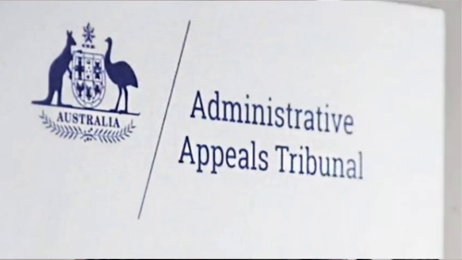Now what happens? You need to make an appeal to the Administrative Review Tribunal, which was formerly the Administrative Appeals Tribunal, and there are strict time limits for making an appeal to the tribunal once you get a notification that your visa has been refused or cancelled. So only authorized persons like legal practitioners, lawyers, or registered migration agents like me can submit an appeal to the tribunal on your behalf.